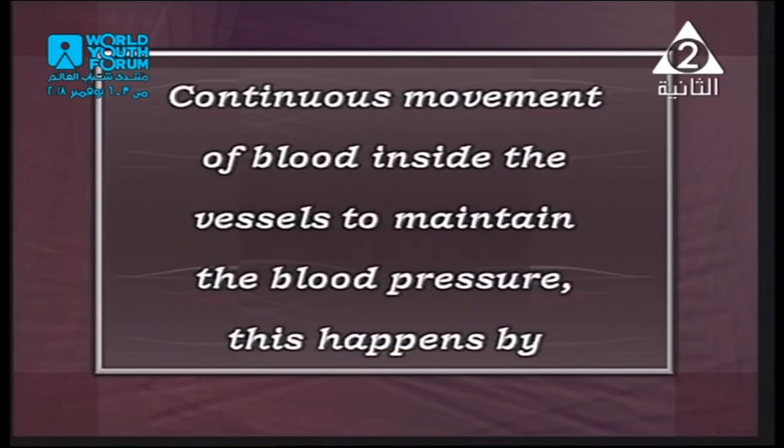We have also the continuous movement, as we said, like the cytoplasmic streaming, and also the continuous movement of blood inside your blood vessels, arteries and veins, to maintain the blood pressure. And this happens by what?